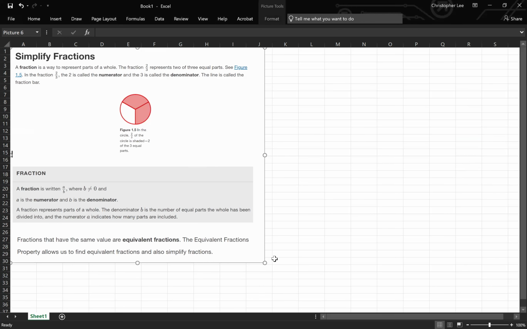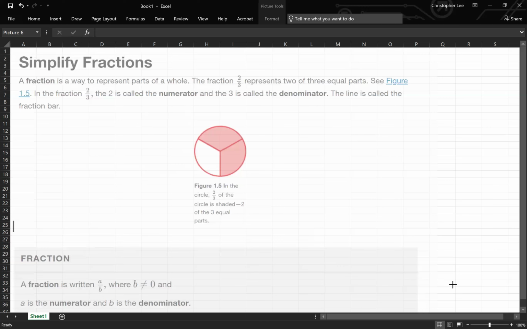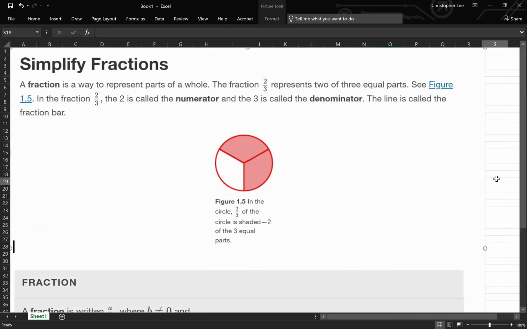All right, so we're going to talk about simplifying fractions. Basic stuff. A fraction is a way to represent parts of a whole. The fraction 2 over 3 represents two of the three equal parts, as you can see in this figure. In the fraction 2 over 3, 2 is called the numerator and 3 is called the denominator. The numerator is the number on top, the denominator is the number on the bottom.